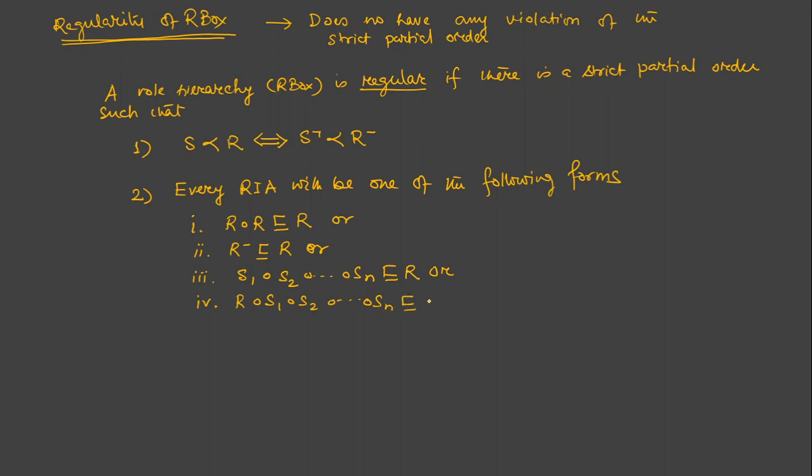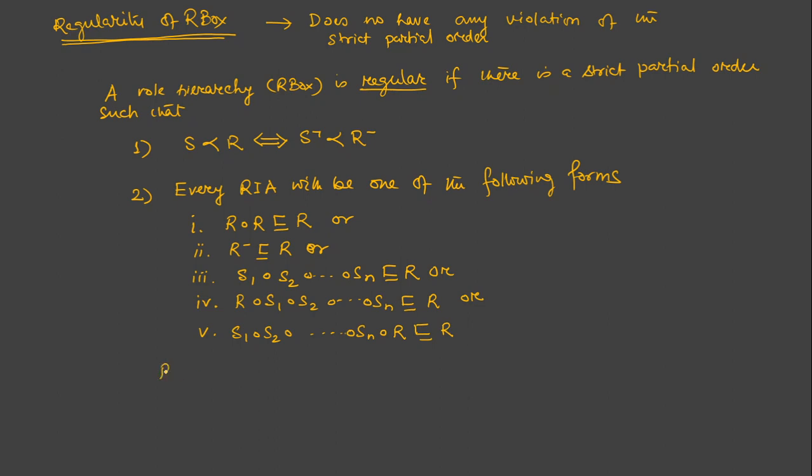It will bring us to R. Or the fifth form is S1 compose S2, compose Sn, compose R will be a subproperty of R. Right.